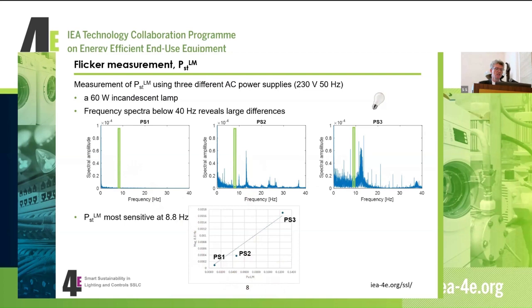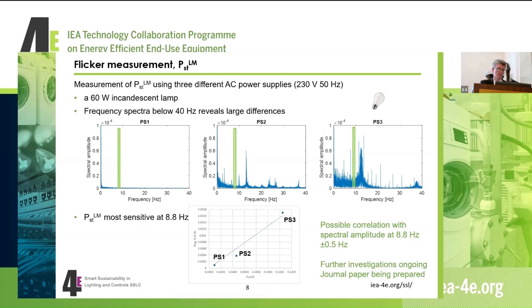You see there's a reasonable correlation here, a possible correlation to the spectral amplitude. We're looking at a 1 hertz window around 8.8 hertz. We have started a further investigation on this, doing more labs on the same halogen lamps also.